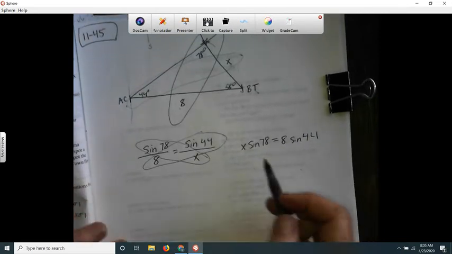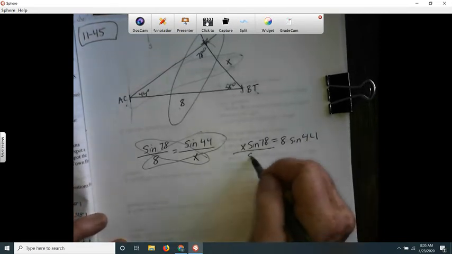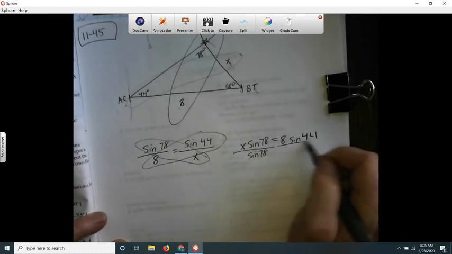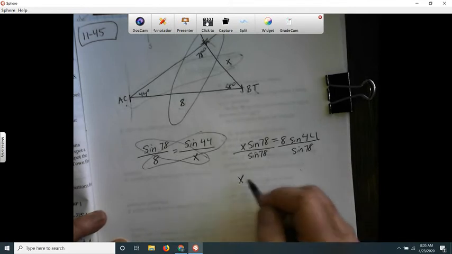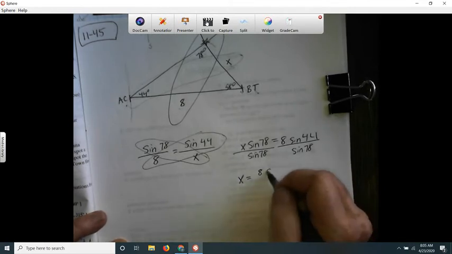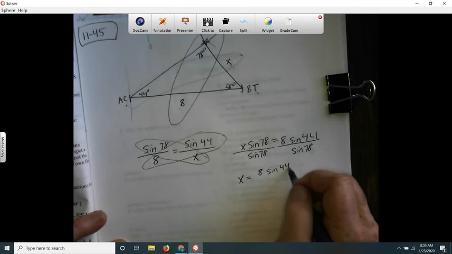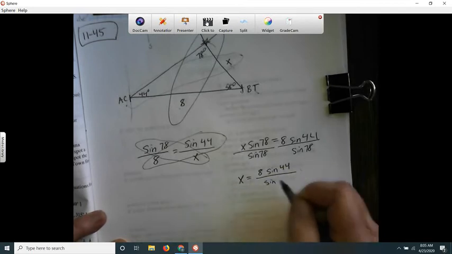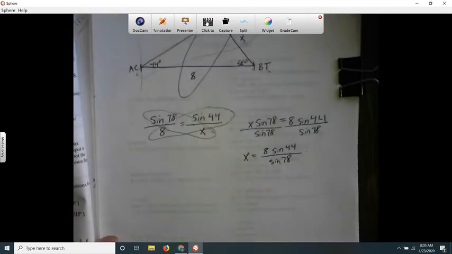Then I want to solve it for x, so I'm going to divide both sides by sine of 78. That gives me x equals 8 times sine of 44 over sine of 78. And then I'll put that in my calculator.